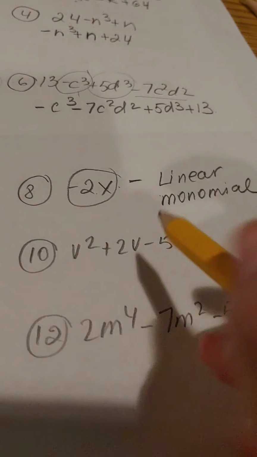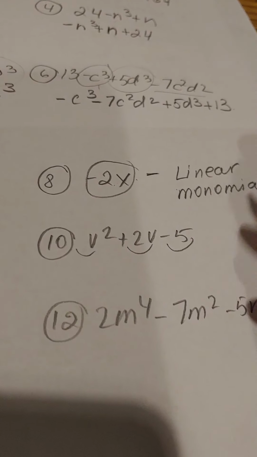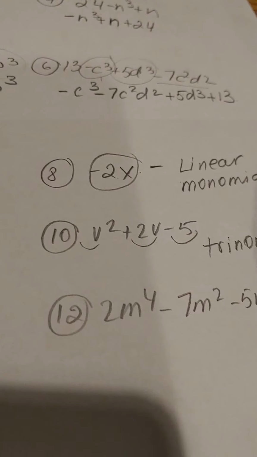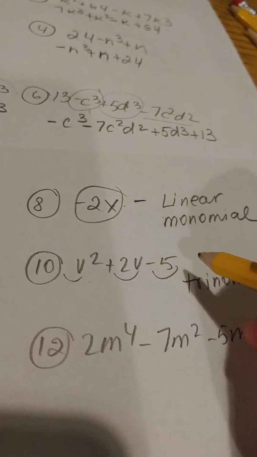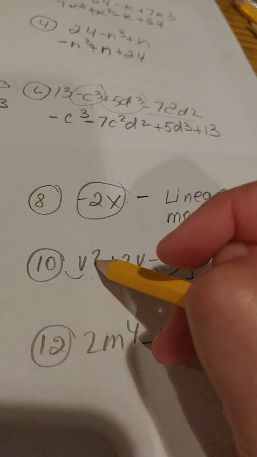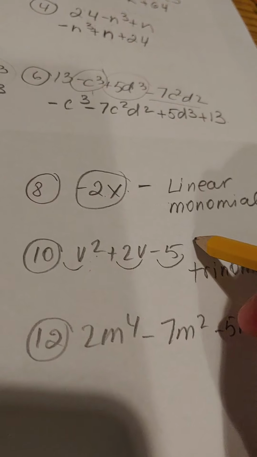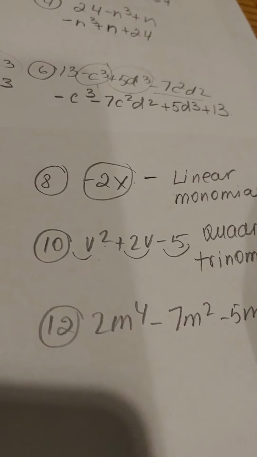Number 10. How many terms do we see? 1, 2, 3. So this is trinomial. What is the highest degree of a variable? It's 2. So if it's 2, then we're dealing with quadratic polynomial.